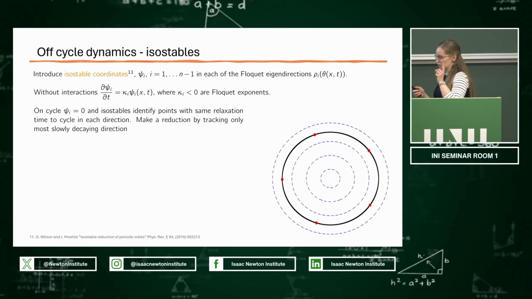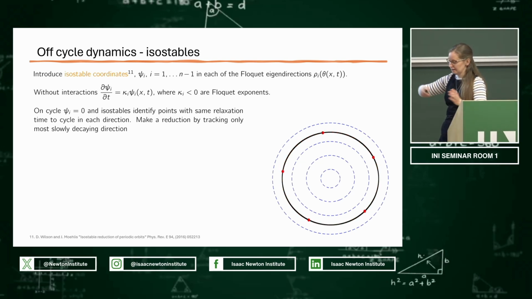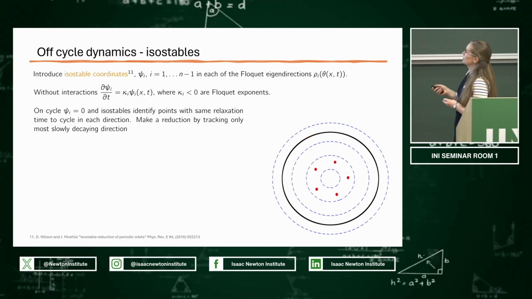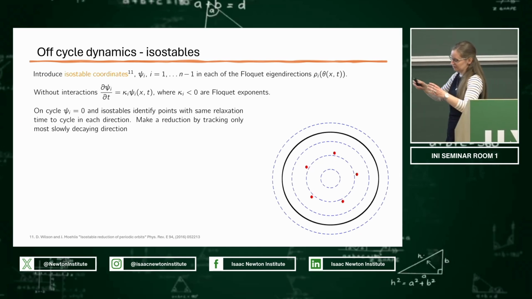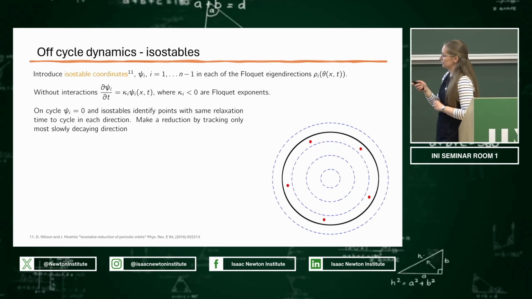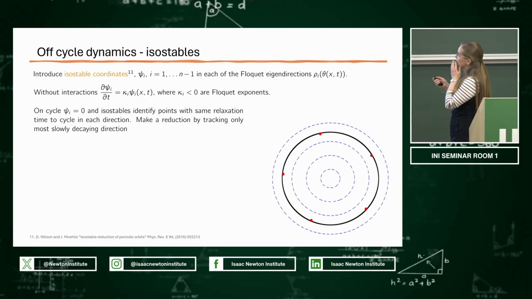If we only track one direction, so we said that there's some type of separation of the relaxation rates, so that one is not noticeably slower than the others, and we just keep that one and say that everything else does actually collapse back to the limit cycle infinitely fast, so we can just disregard those. We just keep the one. Then we can have this picture in our head.